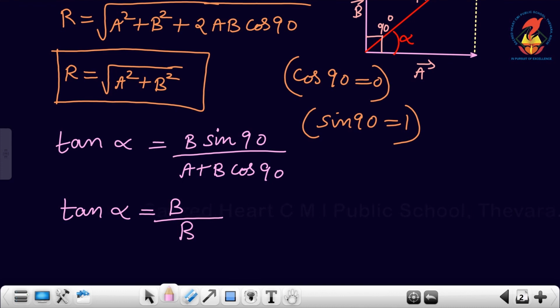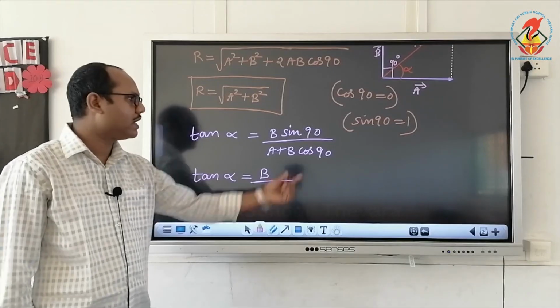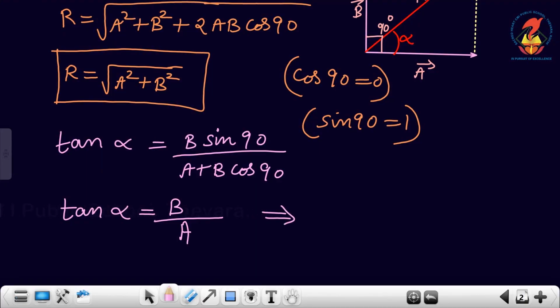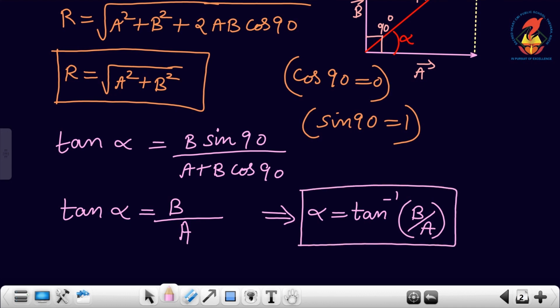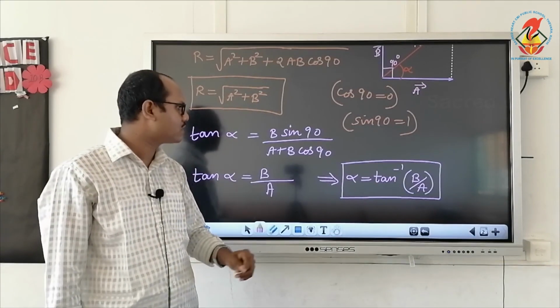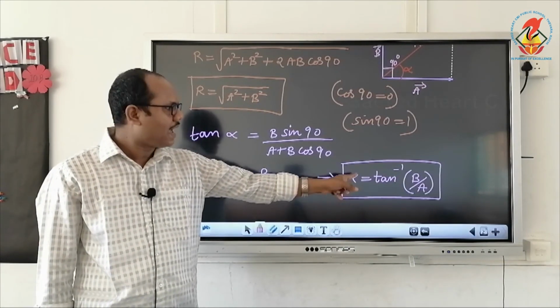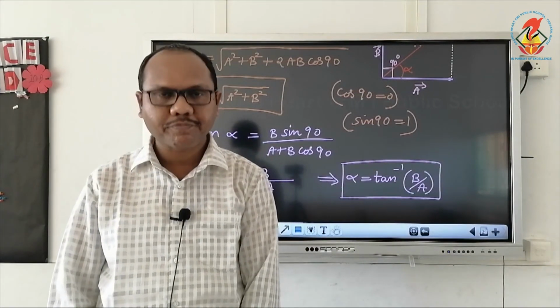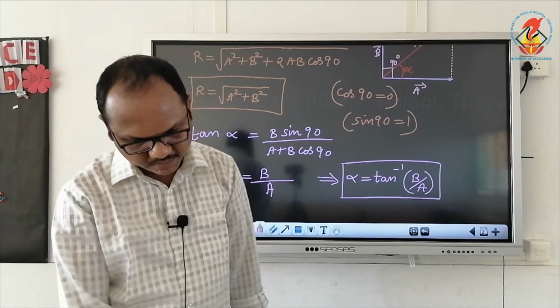So I will get B by A. So tan alpha is equal to B by A, because cos 90 is 0, this entire term cancels out. So from here alpha is equal to tan inverse of B by A. So if two vectors are perpendicular, you can find the resultant as R is equal to root of A square plus B square, and the direction as alpha is equal to tan inverse of B by A. Okay. Thank you.